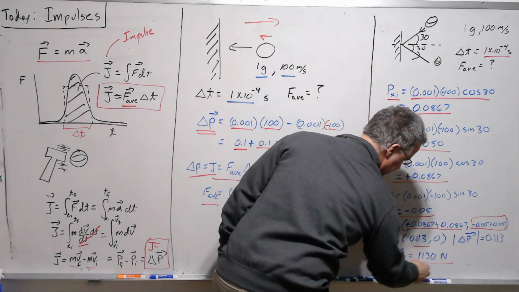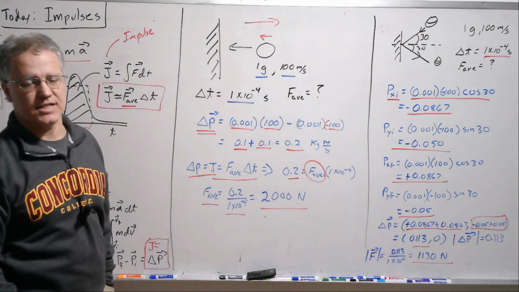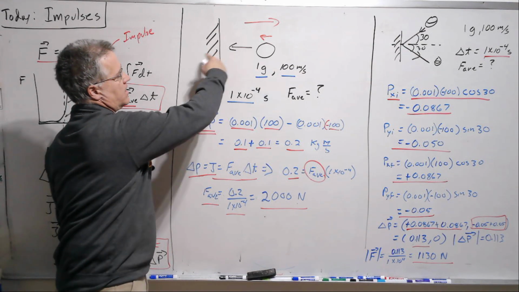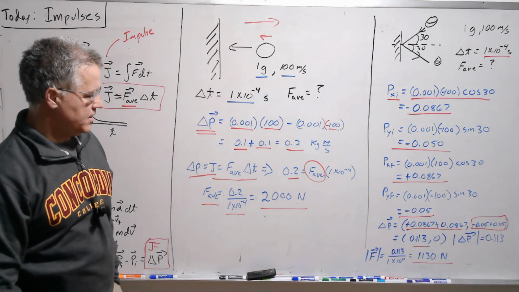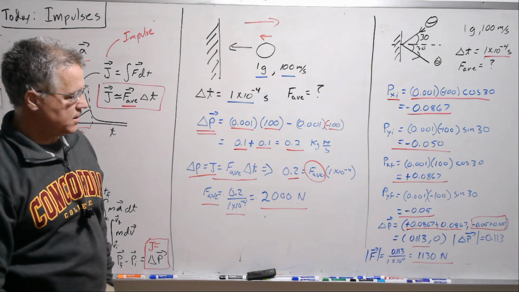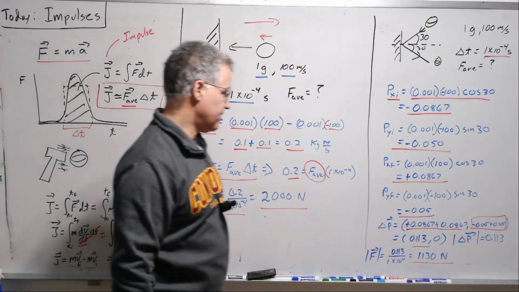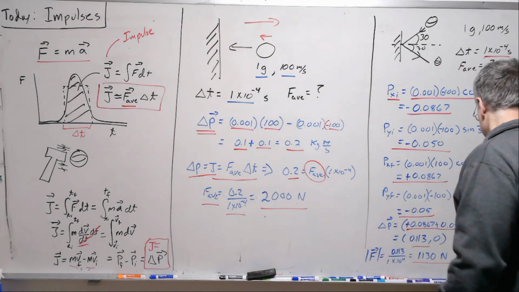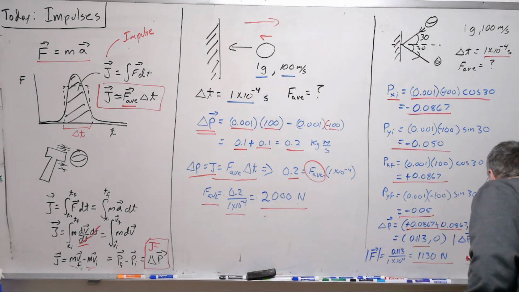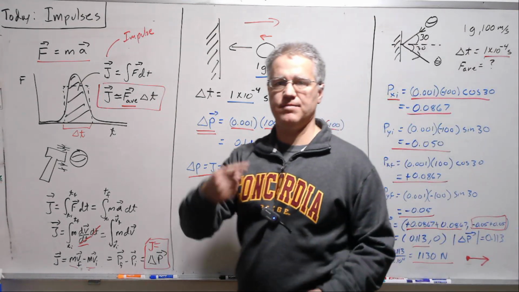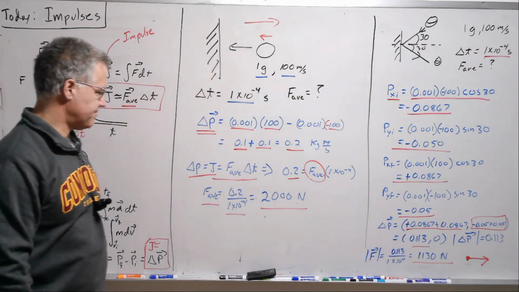So we have a little bit less force needed here because we're getting kind of that deflecting blow rather than head-on blow. And so we get 1,130 newtons. Now, the direction of that, if we were to draw a free body diagram during the impact, the direction is straight that way, so positive.